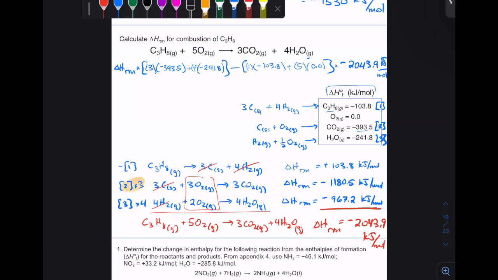Well, here it is, reaction 2 multiplied by 3. We took reaction 3 and multiplied it by 4. Here it is, reaction 3 multiplied by 4. And then we also took reaction 1 and flipped it. Well, here's reaction 1 flipped. Okay, it all works.